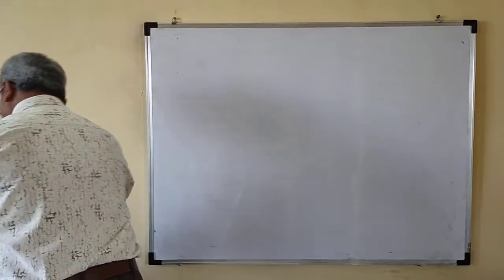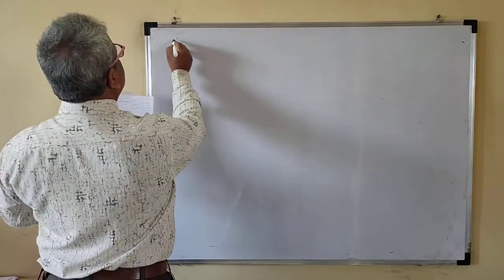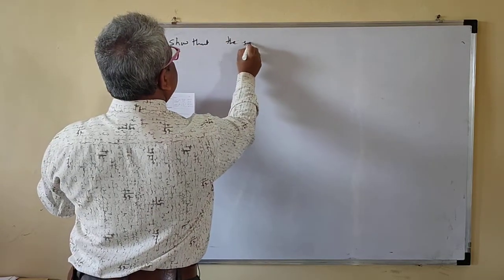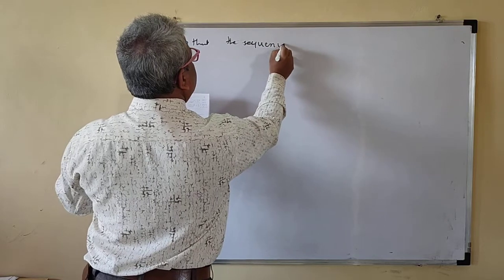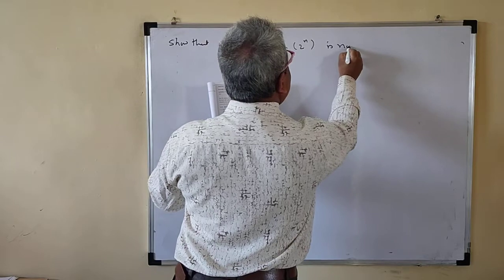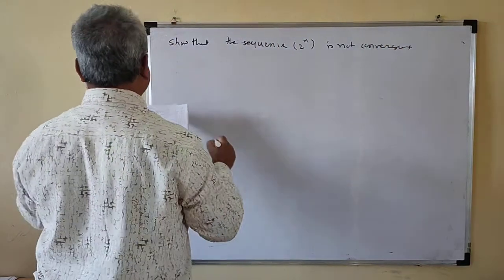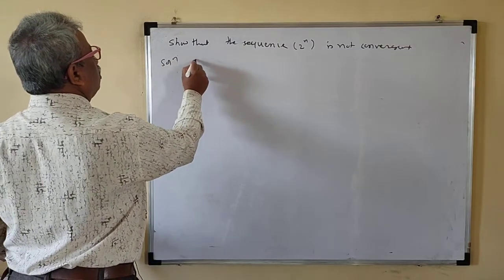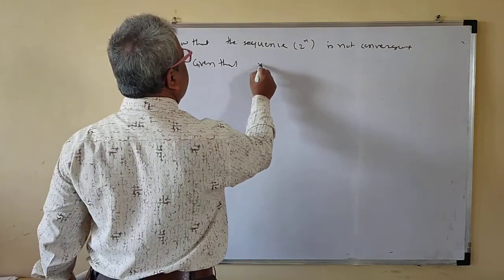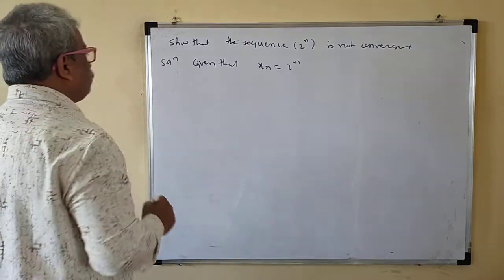Now we'll take the next one. Show that the sequence 2 raised to n is not convergent. Solution: given that xn is equal to 2 raised to n.